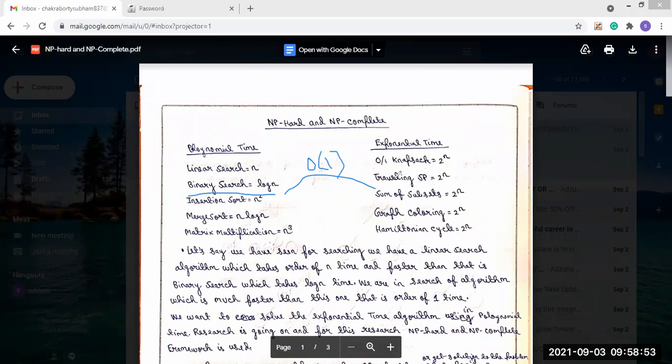But we are trying to show the similarities between 0/1 knapsack, traveling salesman problem, sum of subsets, graph coloring, and Hamiltonian cycle. If we can show some similarities and one problem is solved, then the other problems should also be solved.